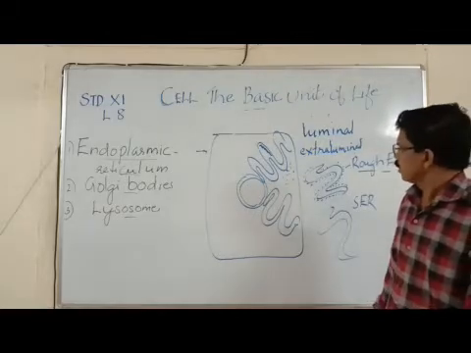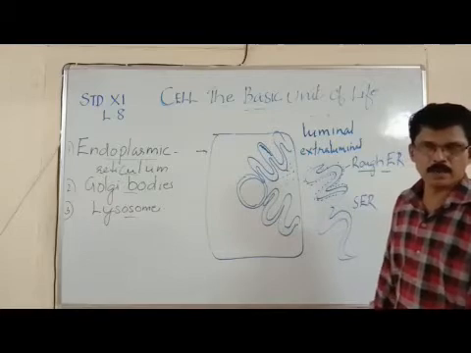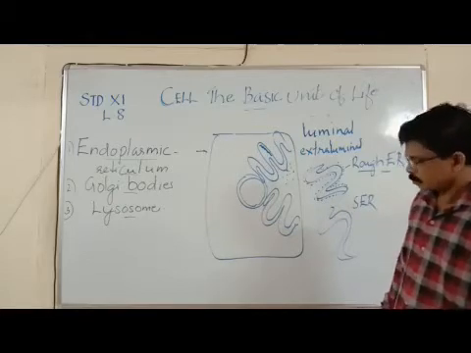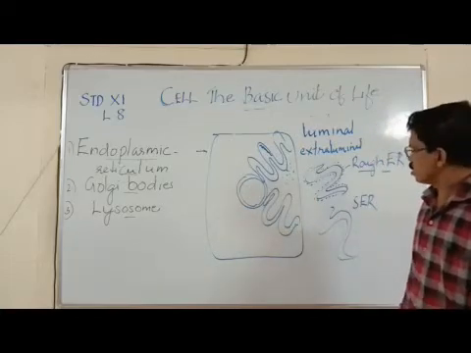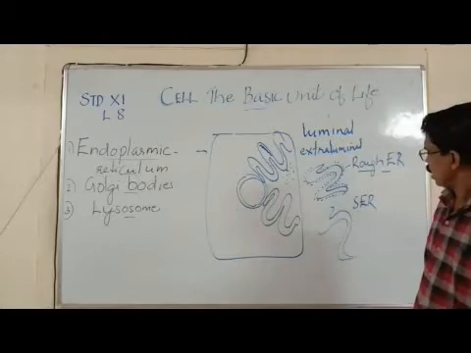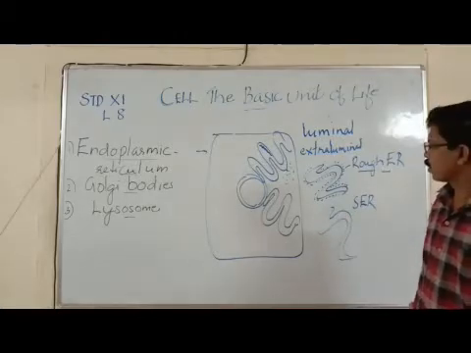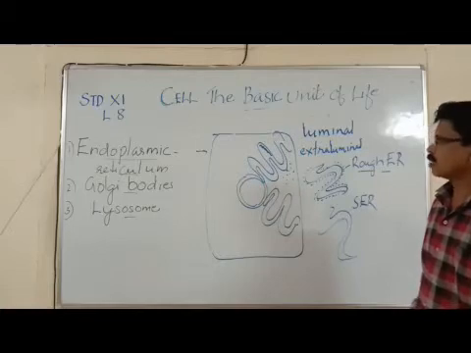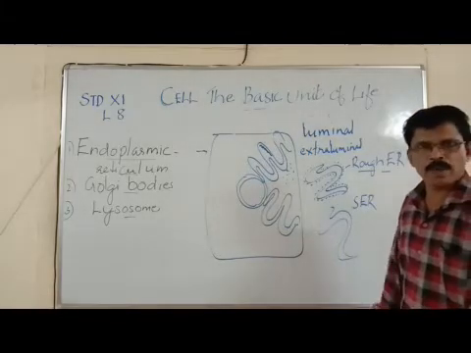So we can say there are 2 or 3 functions of this endoplasmic reticulum. They are intra and extracellular transportation; second, the presence of ribosomes helps in protein synthesis; and they also help in the synthesis of glycoproteins, glycolipids, etc. So that's all about the endoplasmic reticulum. Once again, can you revise it? Can you remember the points? Yes.